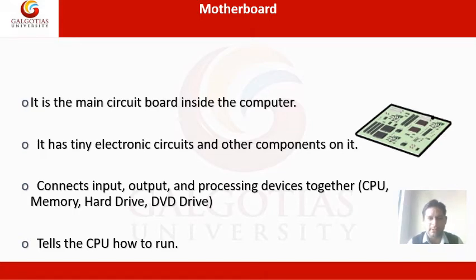It connects various input, output and processing devices together. So CPU, memory, hard drive, DVD drive, all the components are attached on this board. It tells the CPU how to run, and all the components are connected to the CPU through this board.